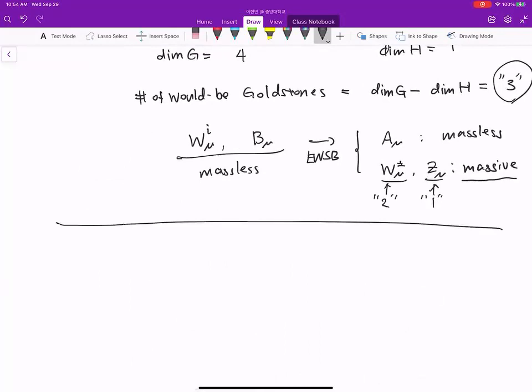So let me go now to the physics, the details of the generation of masses and the Weinberg angle.